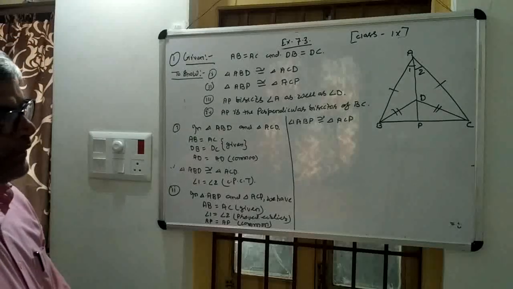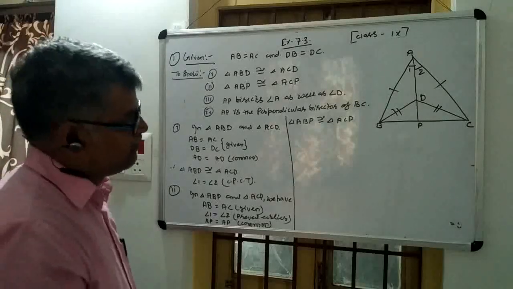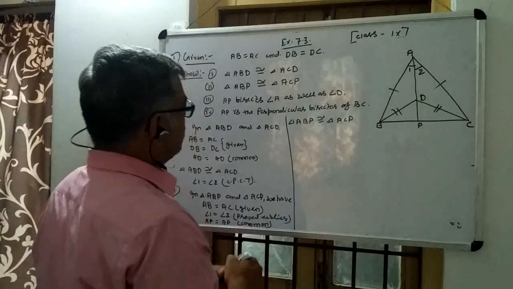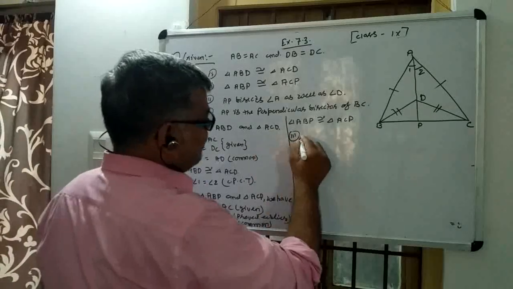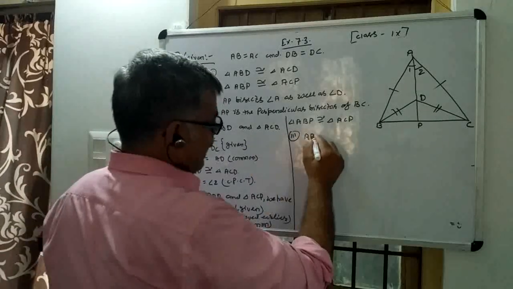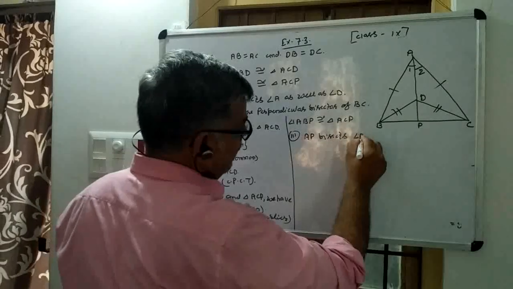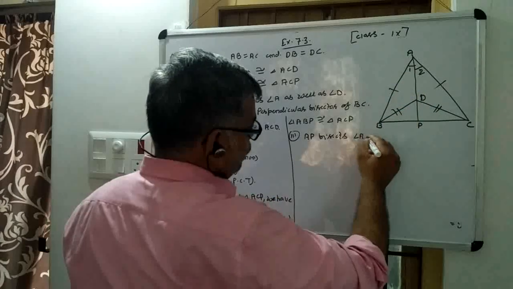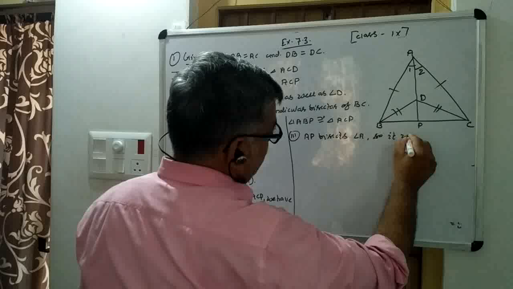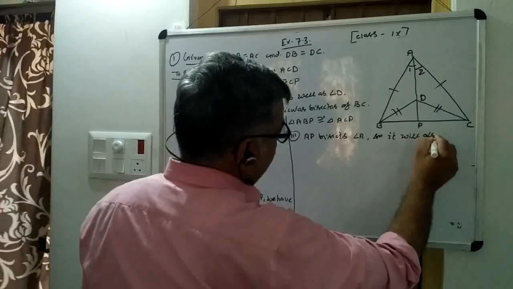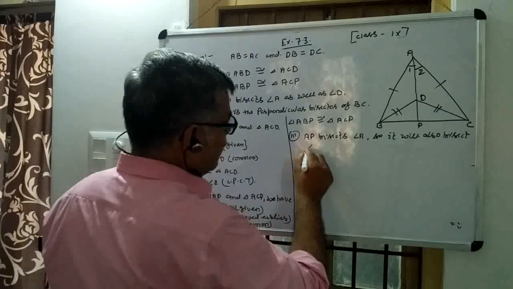The third is already proved. Since AP bisects angle A, it will also bisect angle D.